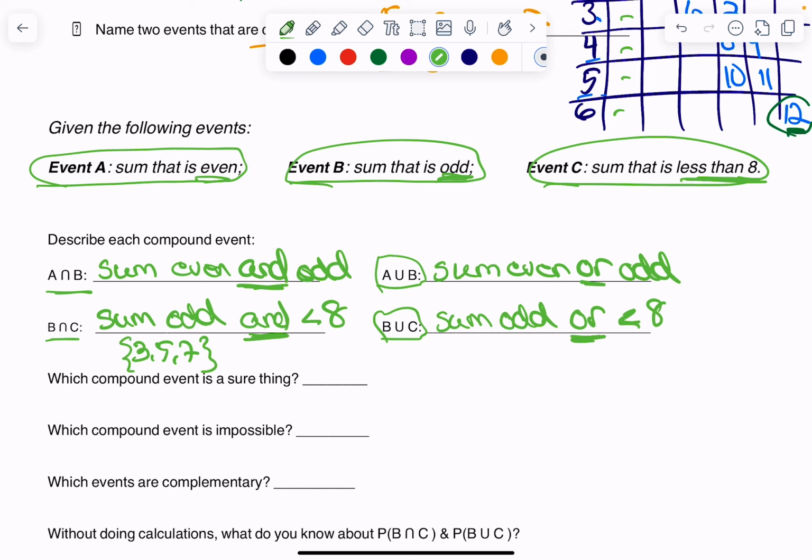So everything that is less than 8 would be 2, 3, 4, 5, 6, and 7. And then, or odd. So the ones that are greater than 8 are going to be 9 and 11.